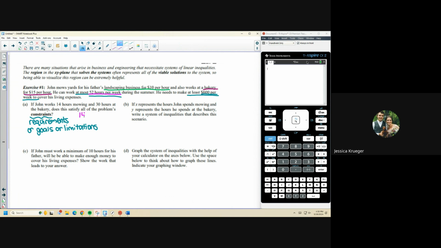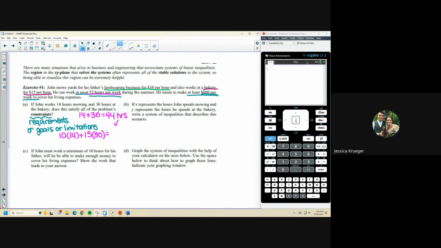So 14 plus 30 is 44 hours, which is less than 52, so that's okay. Mowing, he earns $10 an hour. So 10 times 14 would be the money he would make landscaping. And then at the bakery, he earns $15 per hour.